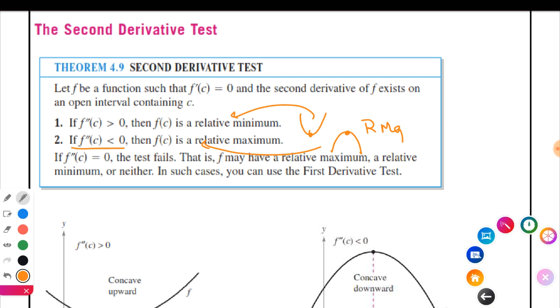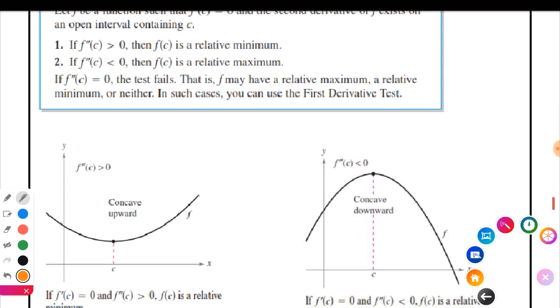I use the second derivative test to identify the relative extrema. I can use the first derivative test to identify the relative extrema, increasing and decreasing. But if the second derivative test fails, I can use the first derivative test.